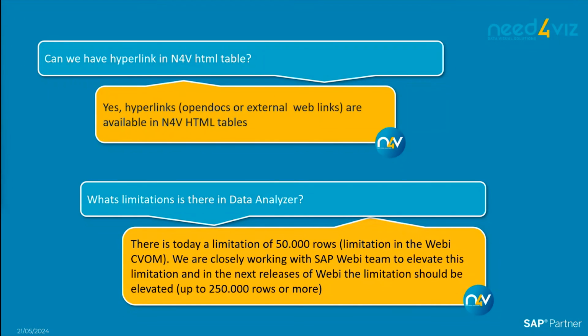What limitation is there in Data Analyzer? Today the limitation is 50,000 rows, which is a limitation caused by the WebI CVOM. But we are closely working with the WebI team in Paris to elevate this limit, and we are able on our machine with a private patch to go up to 250,000 rows.